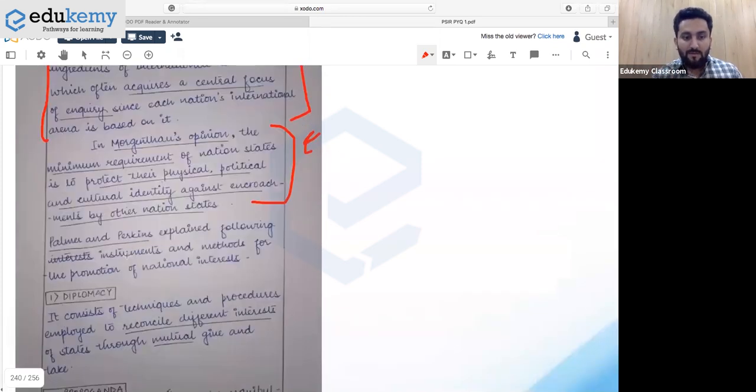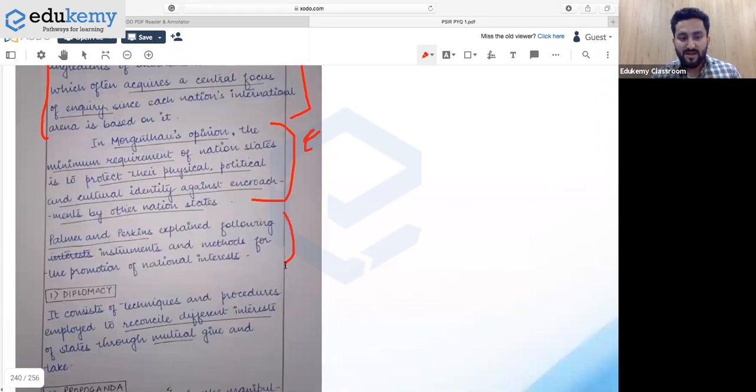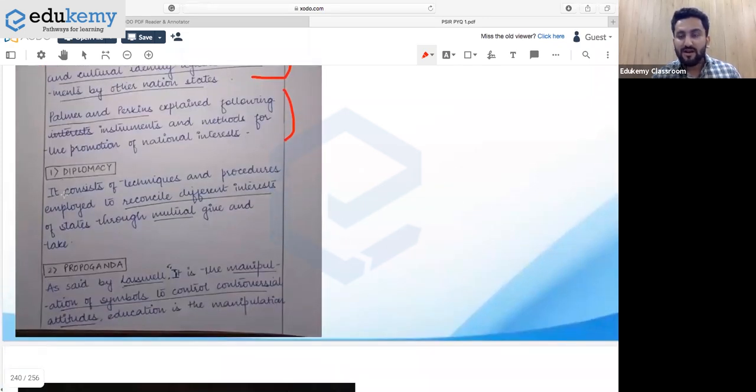Palmer and Perkins explained the following instruments and methods for promoting national interest. And then it started with diplomacy. Just take a look over this answer, and then I'm going to do an operation of this answer. Diplomacy consists of techniques and procedures employed to reconcile different interests of states through mutual give and take.